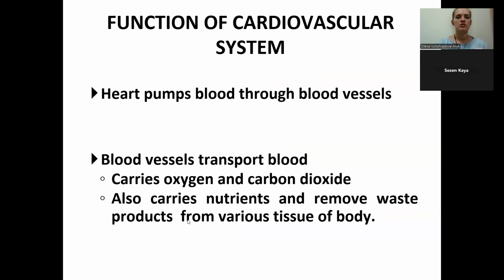Generally, talking about the function of the cardiovascular system, the function of the heart is to pump blood through the blood vessels, working like a pump. And the blood vessels' function is transportation: they carry oxygen, carbon dioxide, and nutrients, and remove waste products from various tissues of the body.